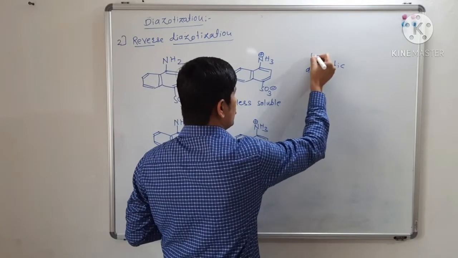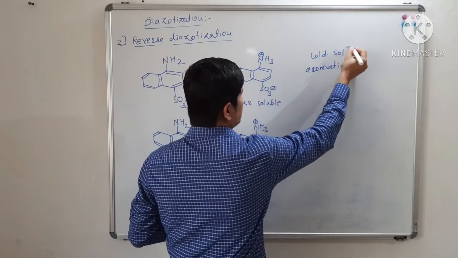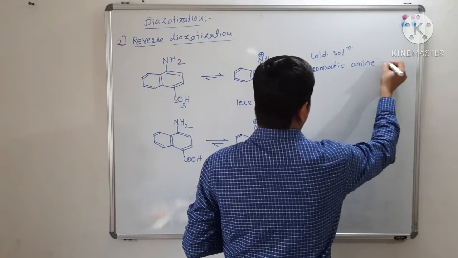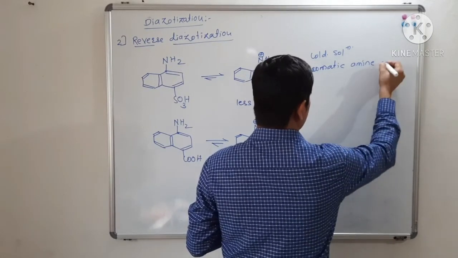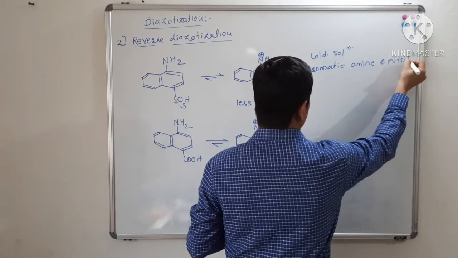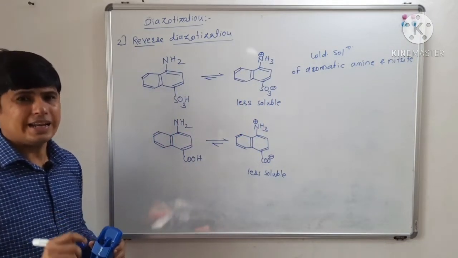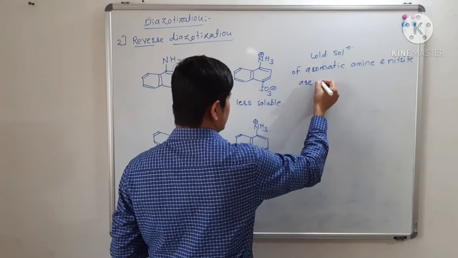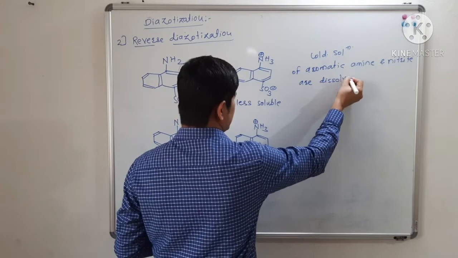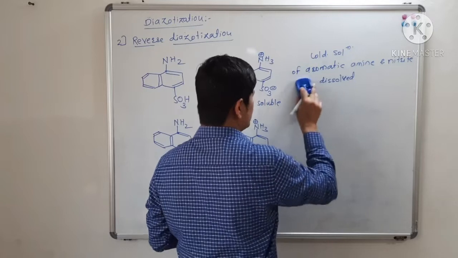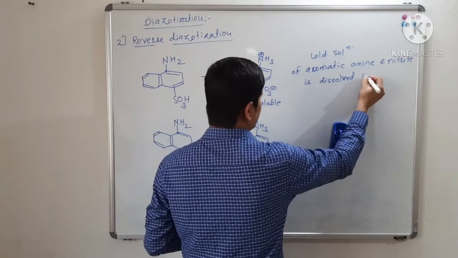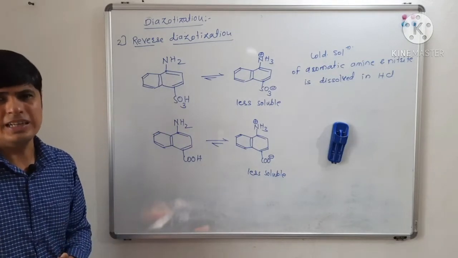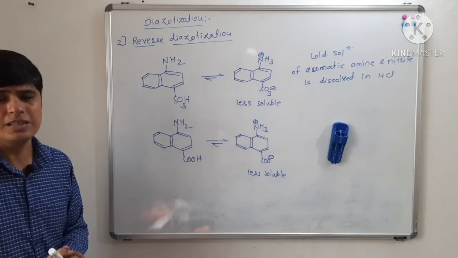A cold solution of aromatic amine and nitrite is dissolved in acid, HCl, to get the corresponding diazotized product. So this is a reverse diazotization reaction.